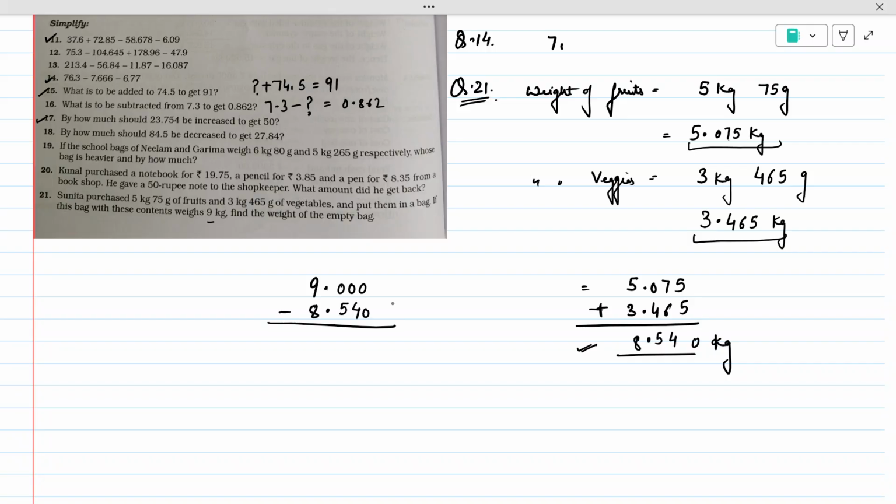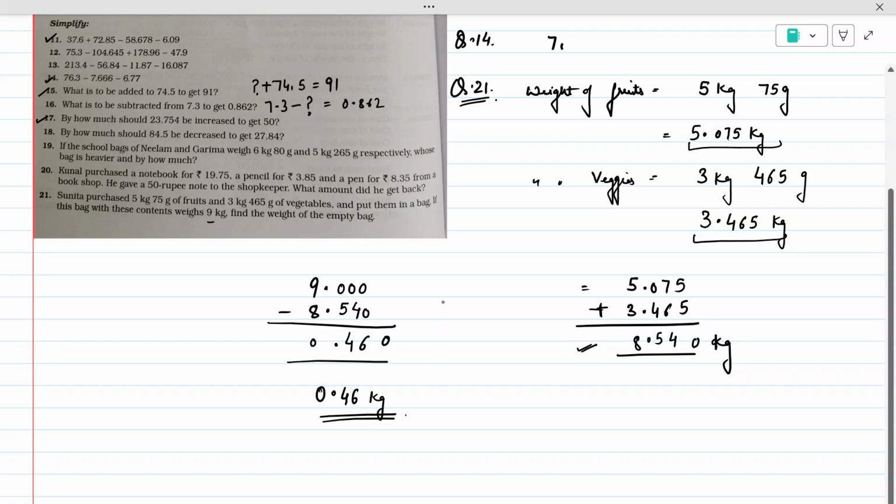Now we have to do the simple subtraction. This is 0, this is 10 minus 4, we will get 6 here, 9 minus 4 is 1, and this is 0. So 0.46 in kgs is the weight of the empty bag.